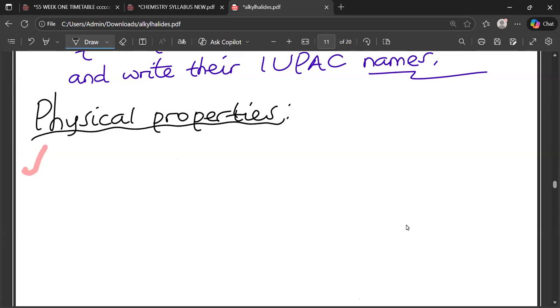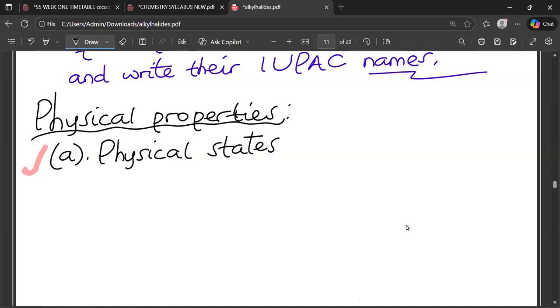I always give them to you, and they don't change. We talk of the physical state, the solubility, boiling and melting points, the density. They don't change, so you can make your own notes concerning the physical states.